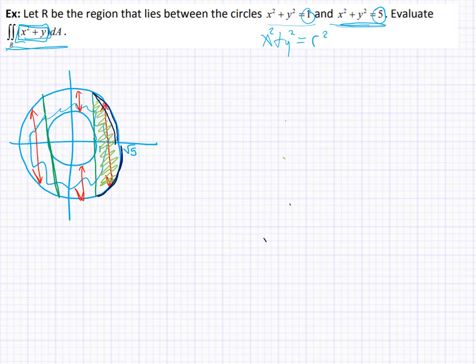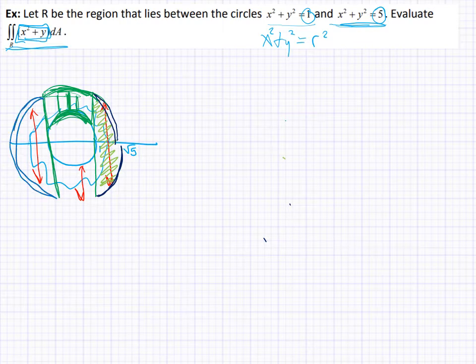Then when I get to here, I would have to look at this space and this space and say, okay, y is here to here. That's a totally separate region where the upper one is still this circle continued, but the lower bound is different. And then I would have this one over here where I have the top half of the circle and the bottom half of the circle, same as over here, but different x values.